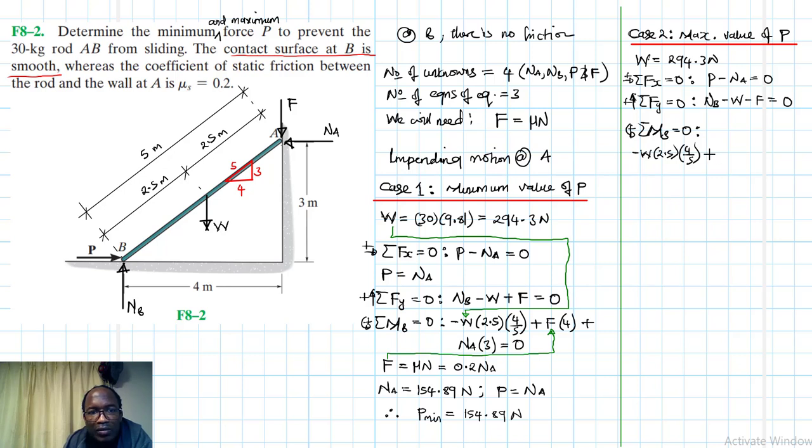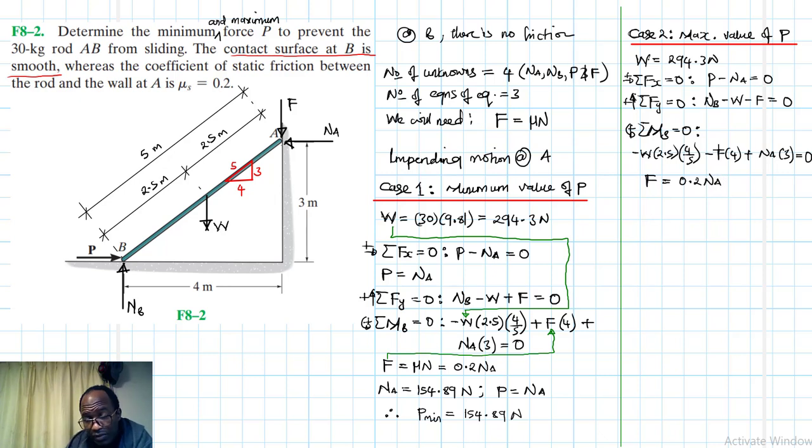Then here we'll have a minus F by 4. Then we'll have a plus NA by 3 equal to 0. Alright, so we replace the values and then we also have the friction force, because we have more unknowns than the available equations of equilibrium, which is 0.2 NA.